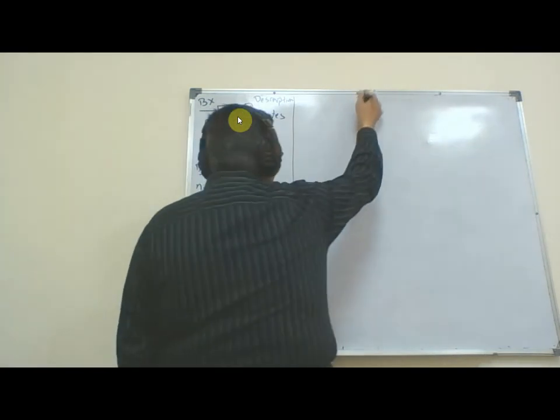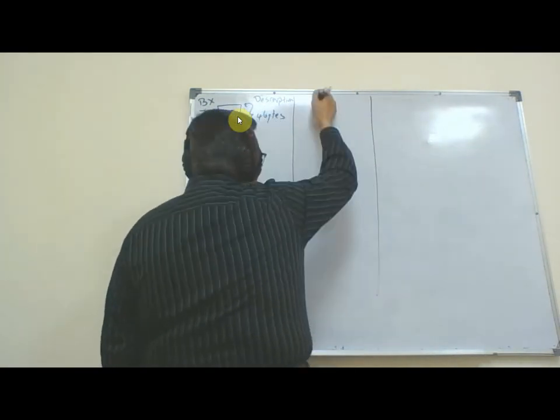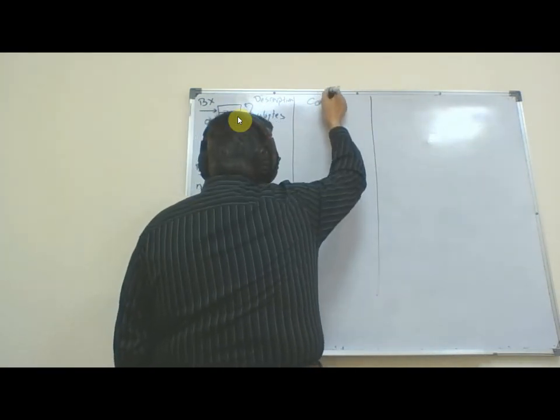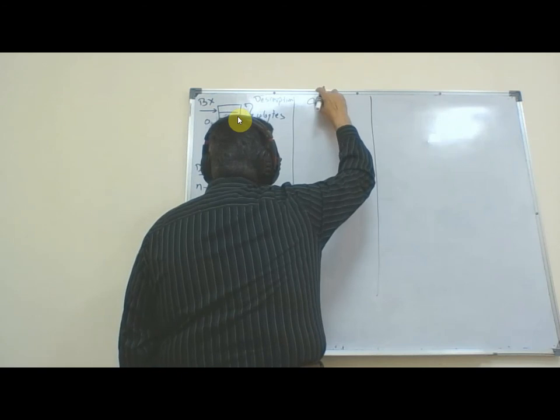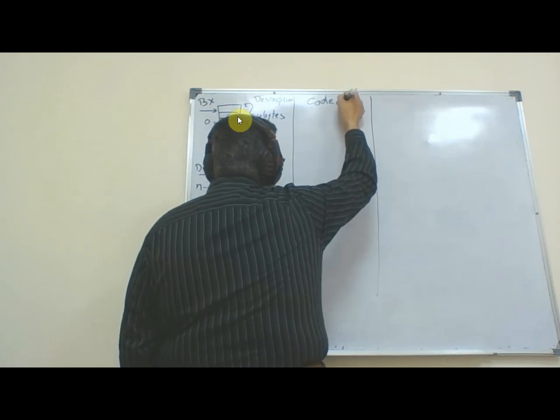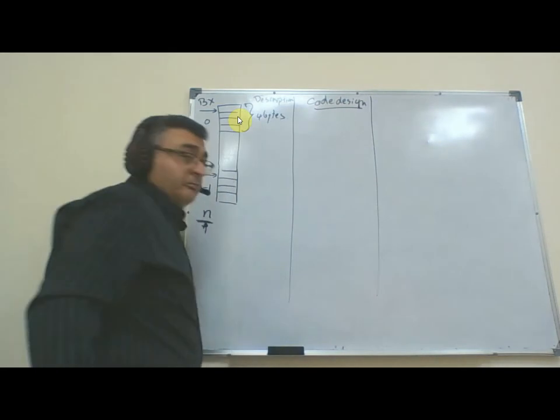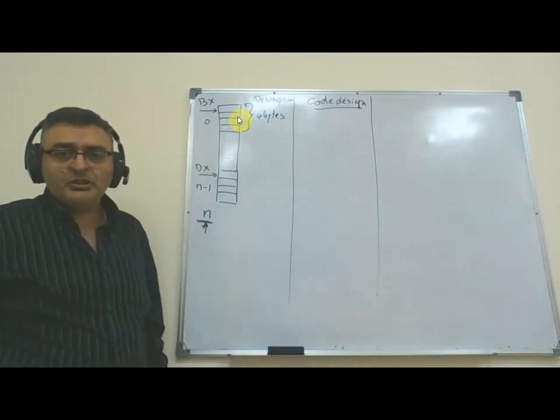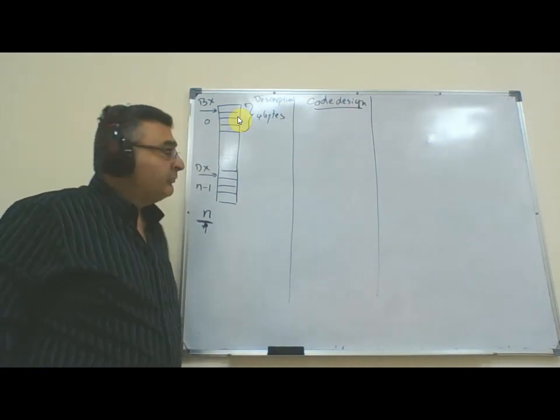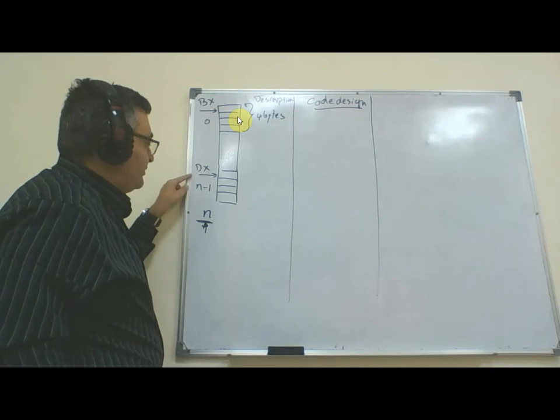So here is the code design, the logic that I will apply, in steps. What are the steps that I want to do? I have Bx, I have Dx.